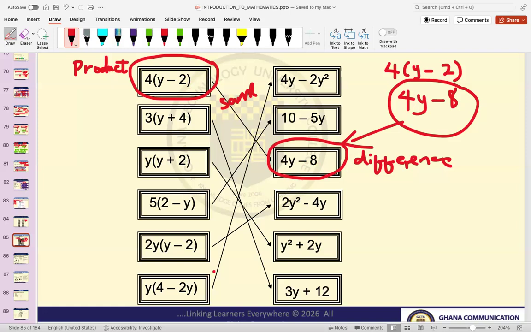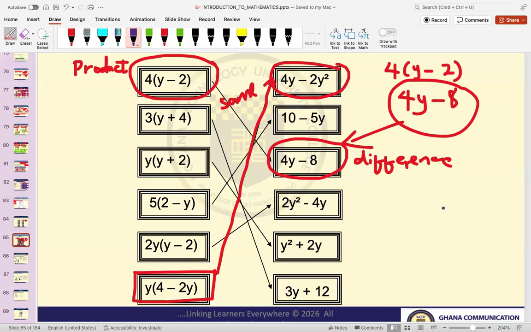Another example is the last one. Y as a product multiplying 4 minus 2y. We are saying that it is the same as the difference we are seeing here as 4y minus 2y squared. Let's check whether this is true.